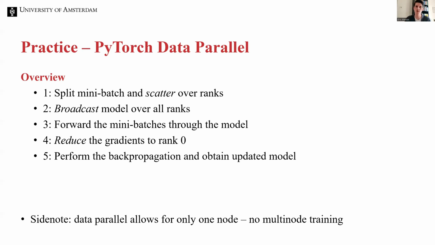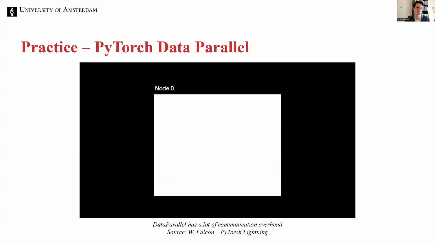So it's going to use all the gradients, back propagate them, optimize the model, and obtain thereby a new model. As you may guess, the next step is to repeat this whole procedure. Because now we have a new model, we're going to scatter all the batches again, copy the model again, and go through the whole thing again.